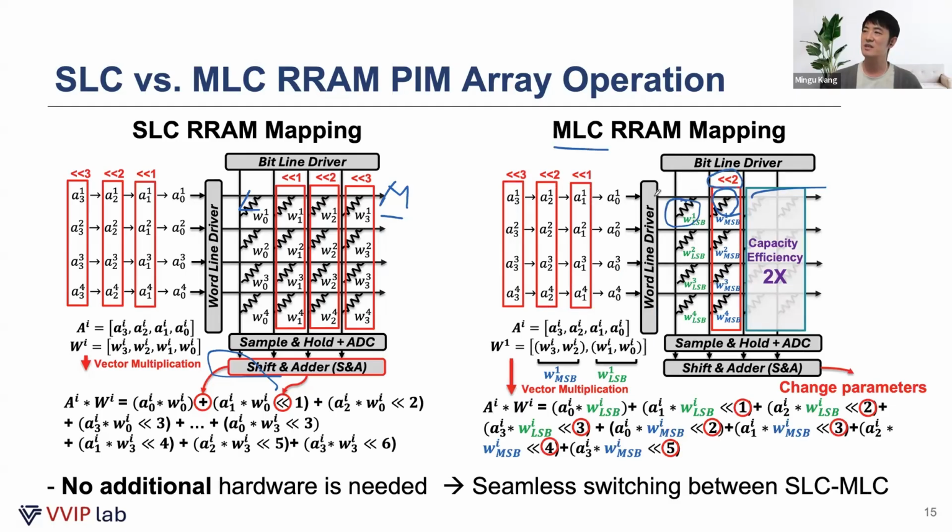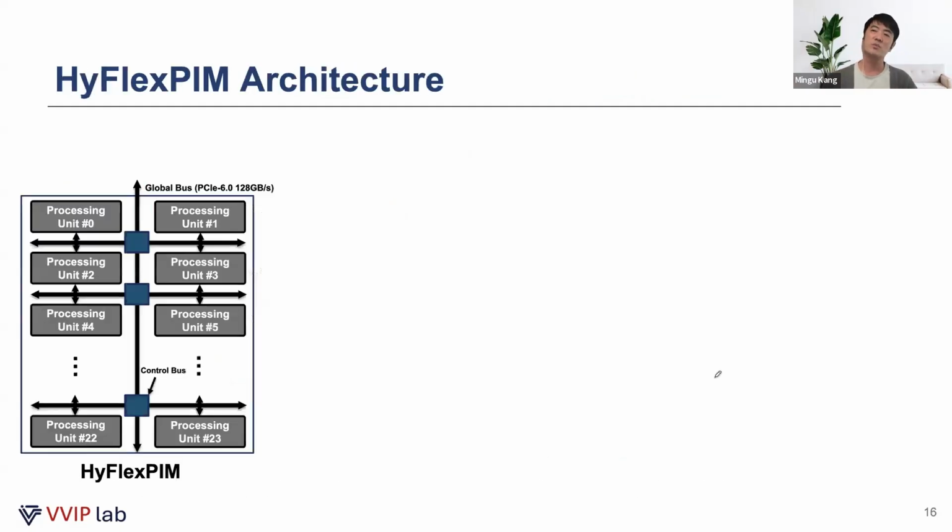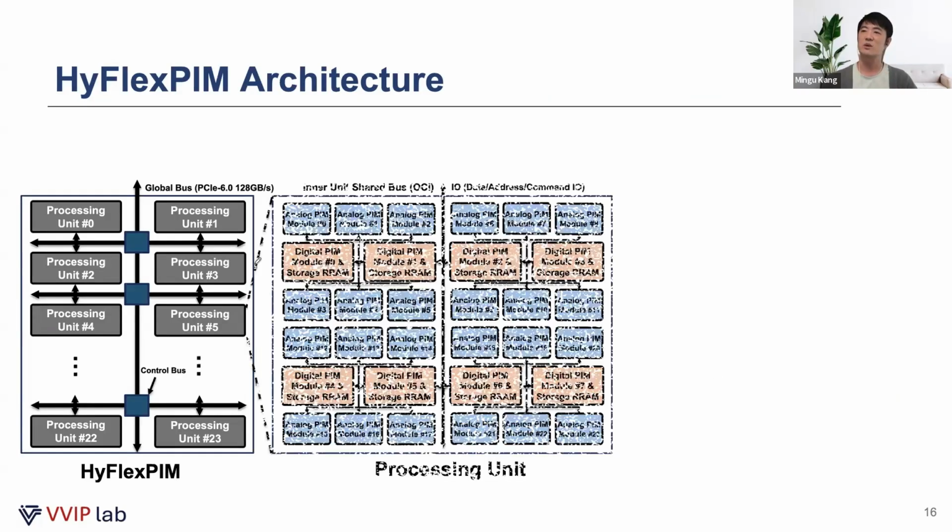So even in the MLC case, by changing the amount of the shifting operation, we can reuse SLC hardware for the MLC as well. So simply saying, all of the arrays are the same, but we simply reconfigure the amount of the shifting operation.